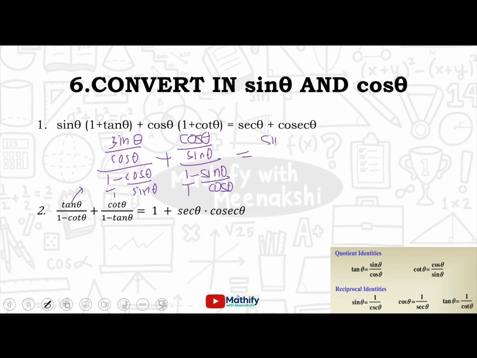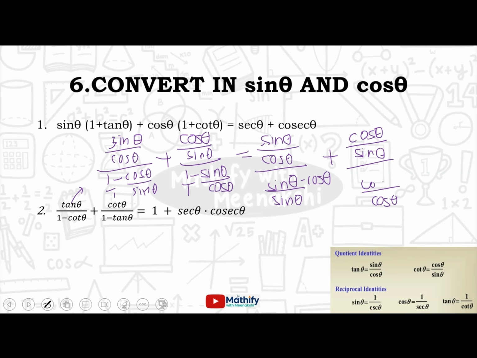Sine by cos. And here, sine theta is the LCM. For the numerator, we will do cross multiplication. That is sine theta minus cos theta. And here, sine theta, and that is cos theta. And here you can write cos theta minus sine theta.